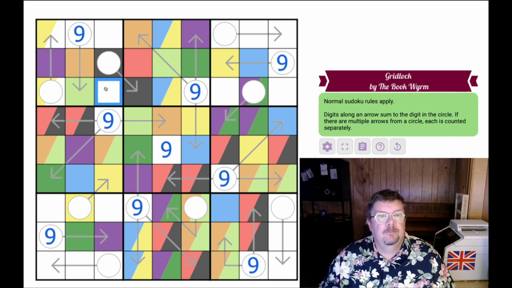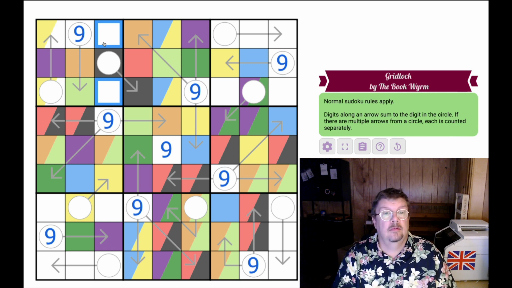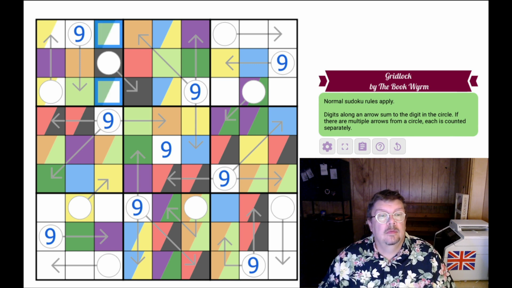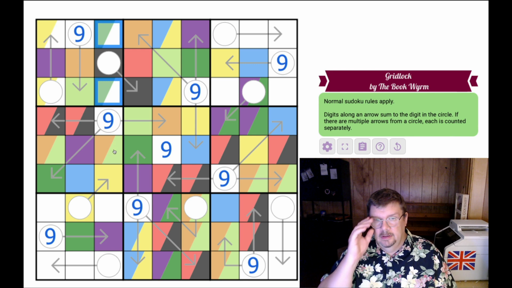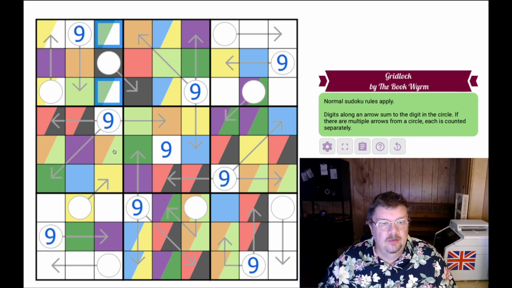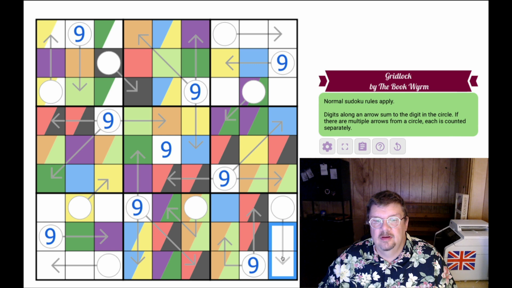What next? Dark green goes in one of those two. I don't really want to clutter that up with too much more right now. What else can we see to fill some things out? Alright, this 9-sum.